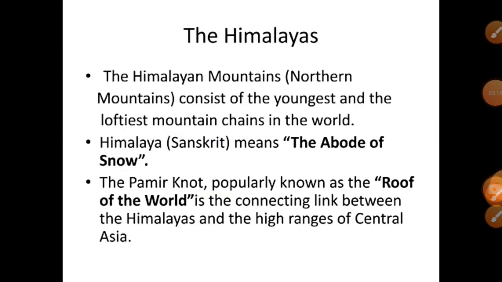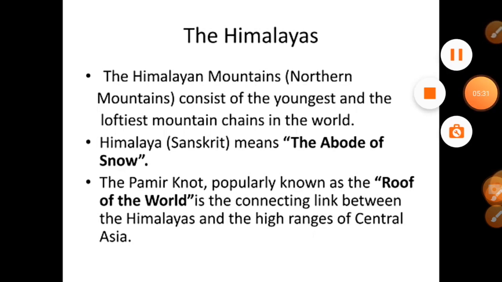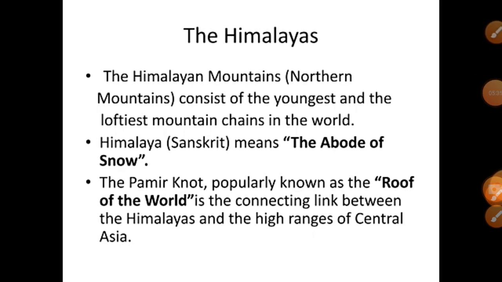The Pamir Knot, popularly known as the roof of the world, is the connecting link between the Himalayas and the high ranges of Central Asia. Students, it will also be asked as a give reason: why are the Himalayas called young fold mountains? Because they were formed only a few million years ago. That is why they are called young fold mountains.